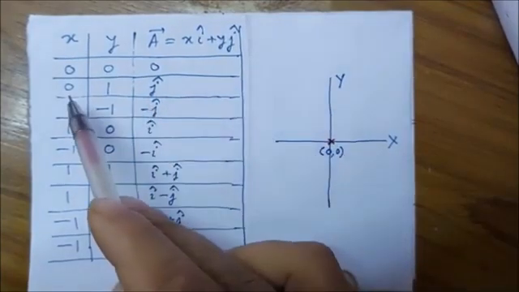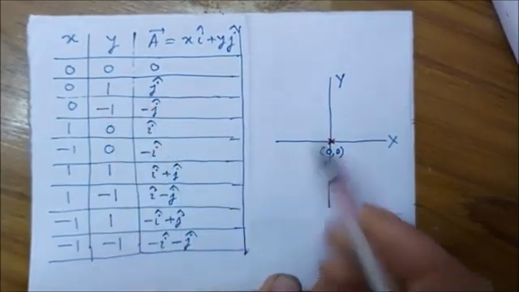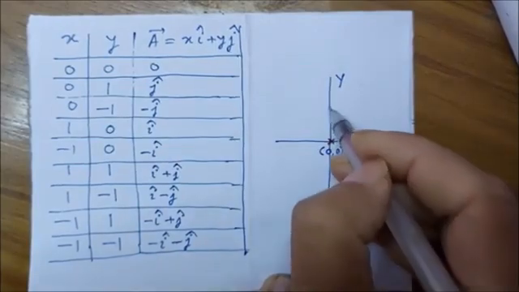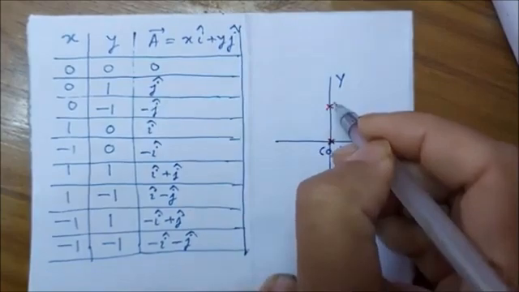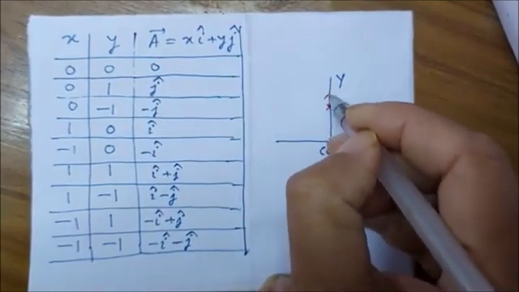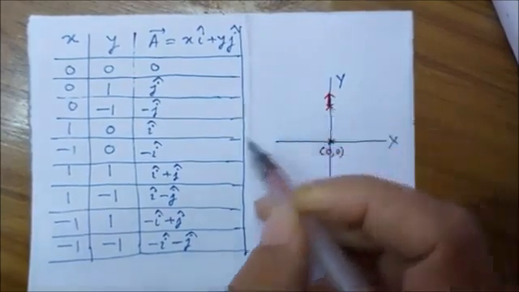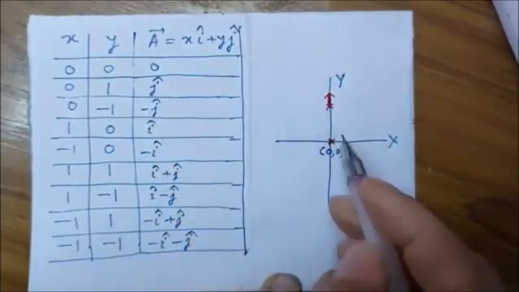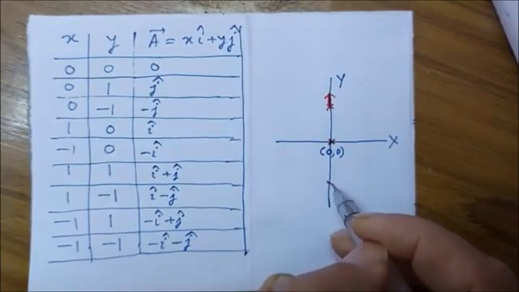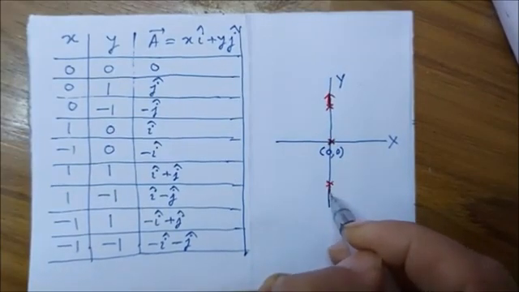Next we come to (0, 1), which is x 0, y 1, means we are here, and the value is j hat. Next is (0, -1), where the value is minus j hat. So we are here, and vector A is along minus j cap.